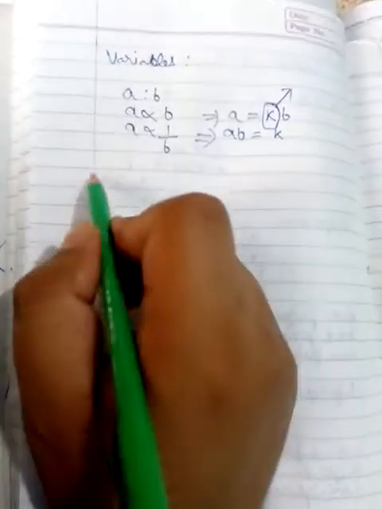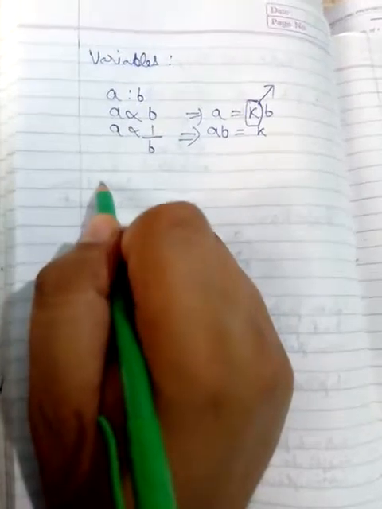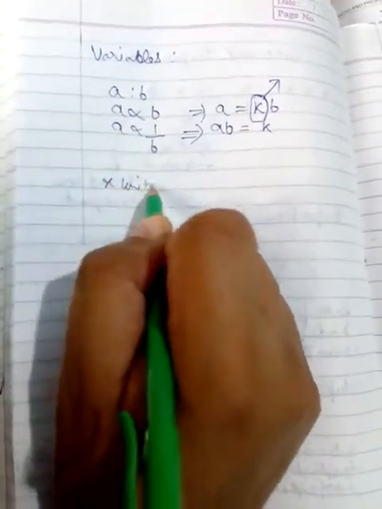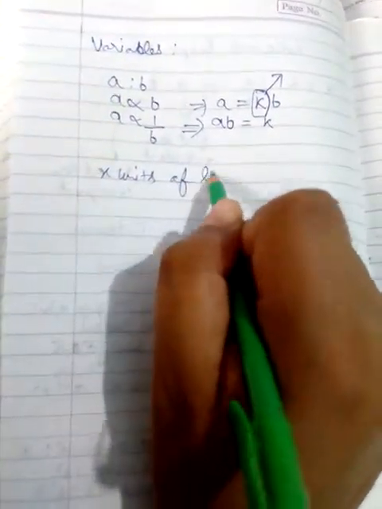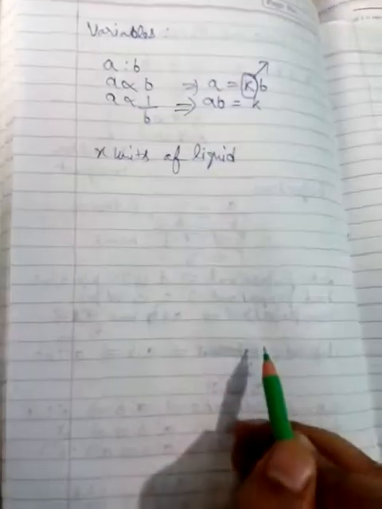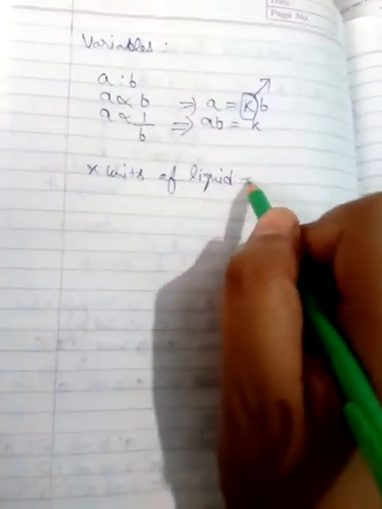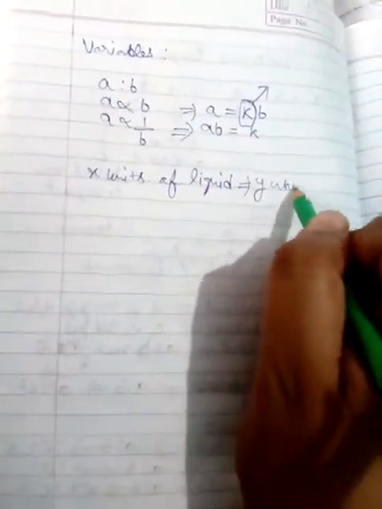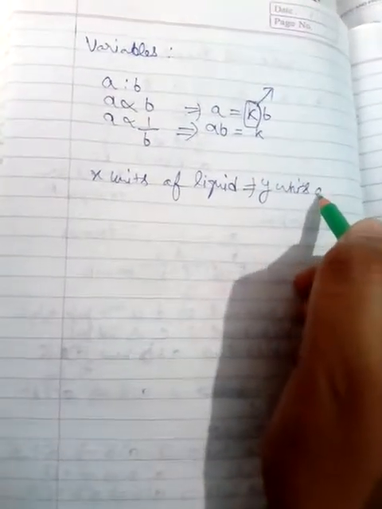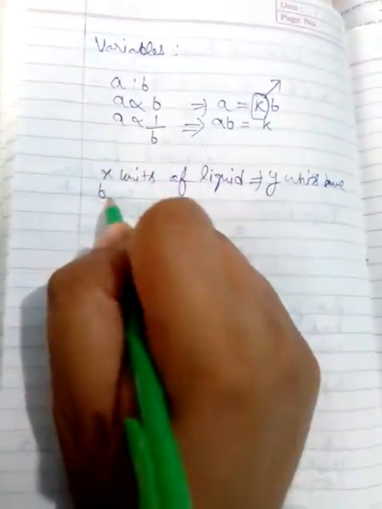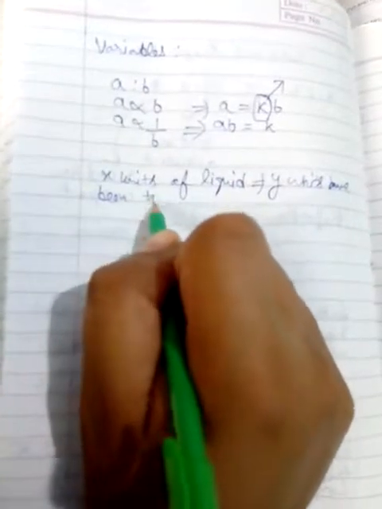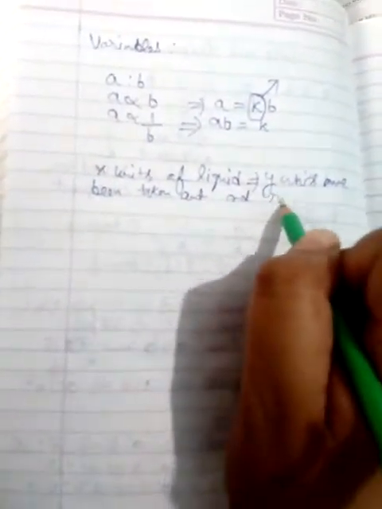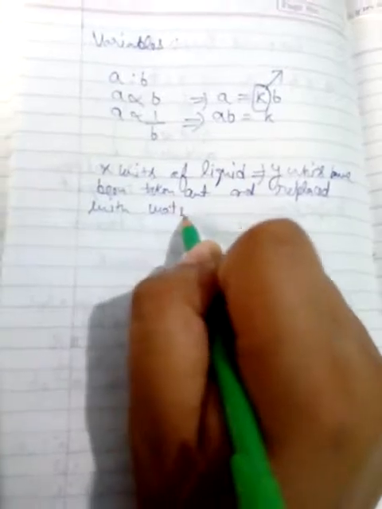And one more thing that is left. Suppose we have x units of liquid and then y units have been taken out and replaced with water.